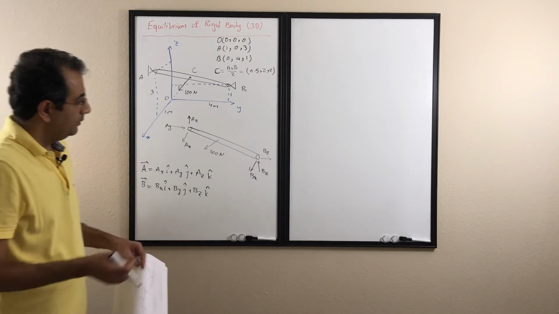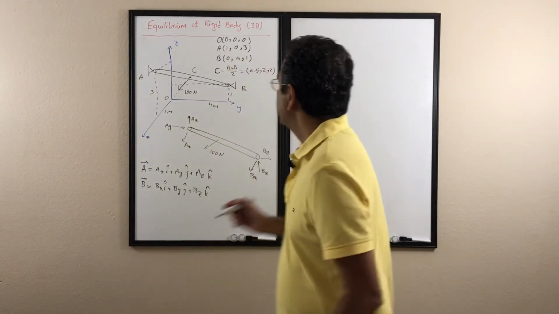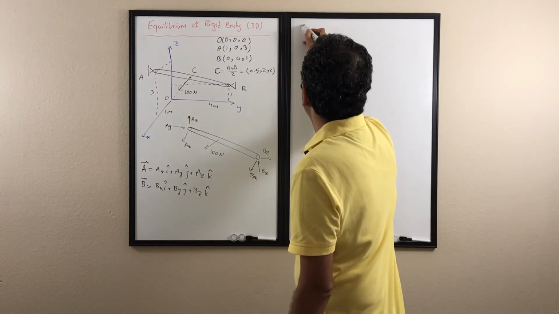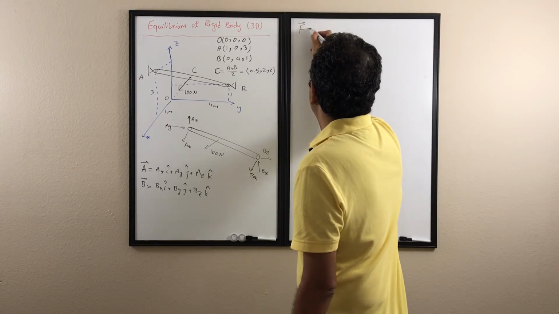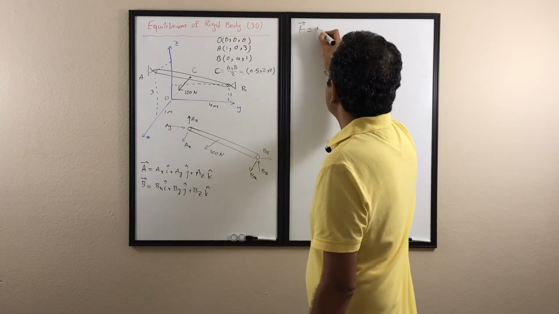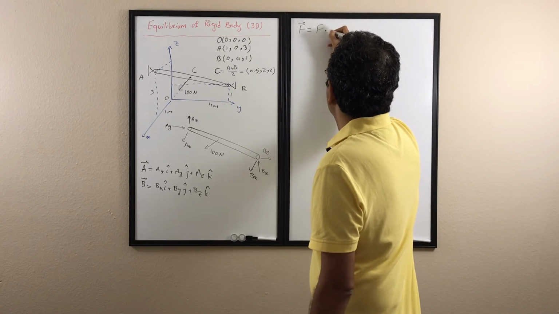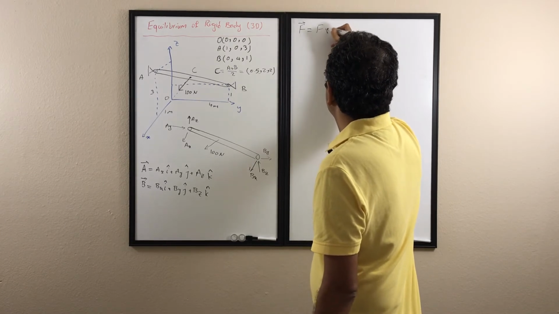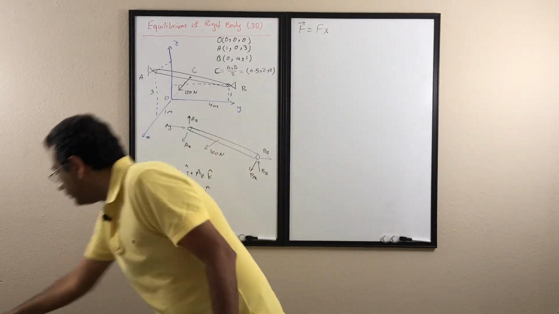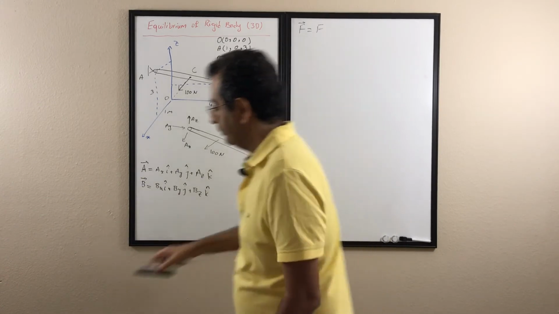So for these two, we don't know. For the F, we can find this. If you remember, the force F is the magnitude of force times the unit vector.